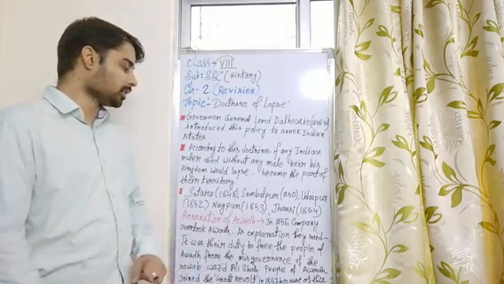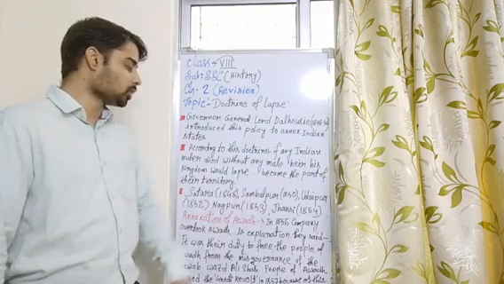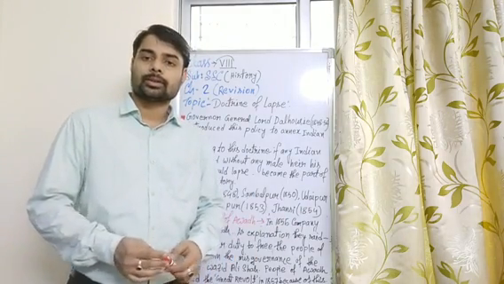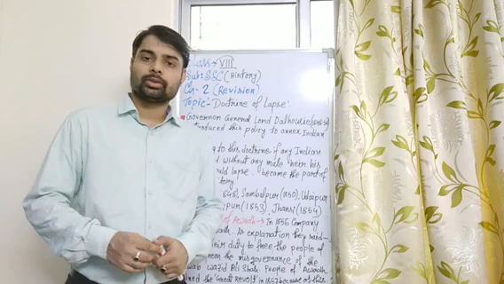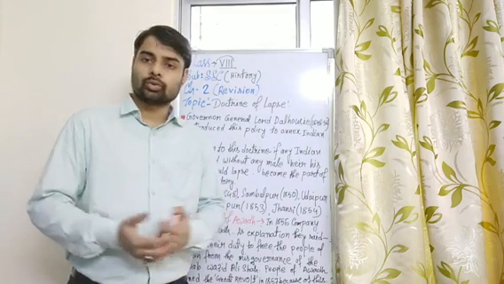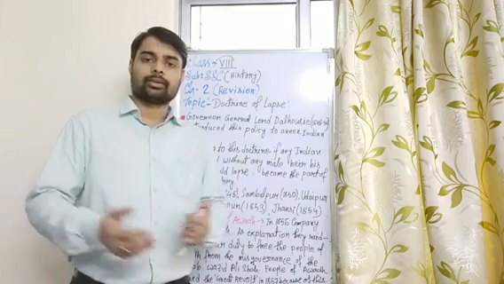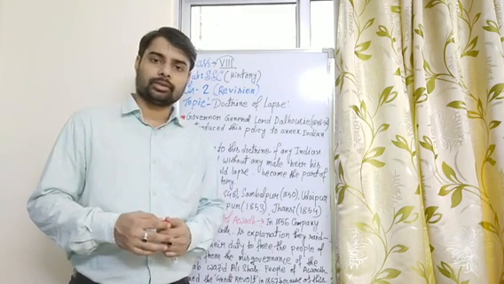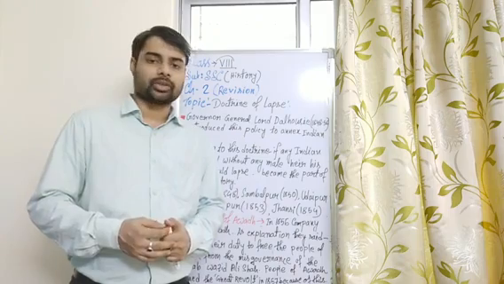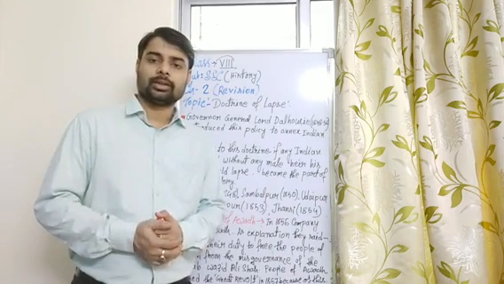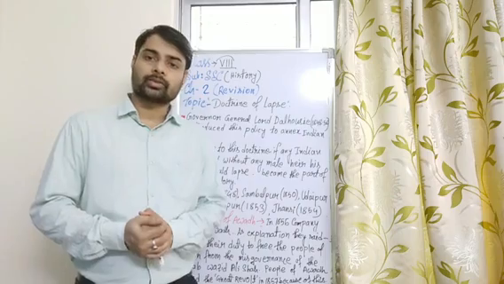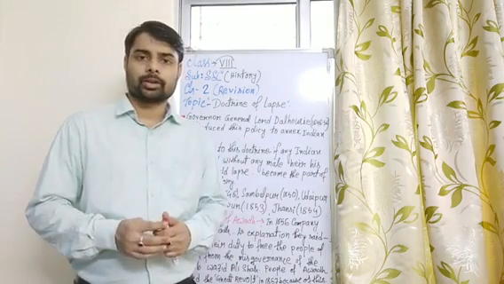Number four is Jhansi. The state of Jhansi was also annexed in 1854. You know the Battle of Gwalior, where the British general and the Rani of Jhansi, Lakshmi Bai, fought against each other, and in this decisive battle the Rani of Jhansi died, and the Jhansi kingdom was annexed by the British.